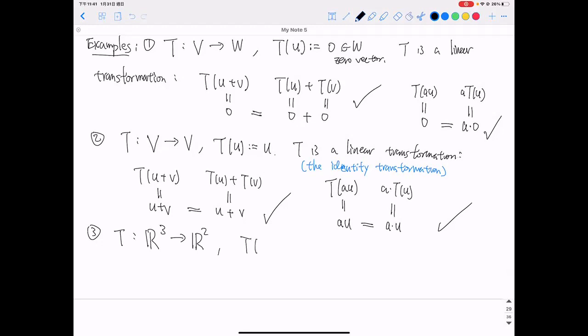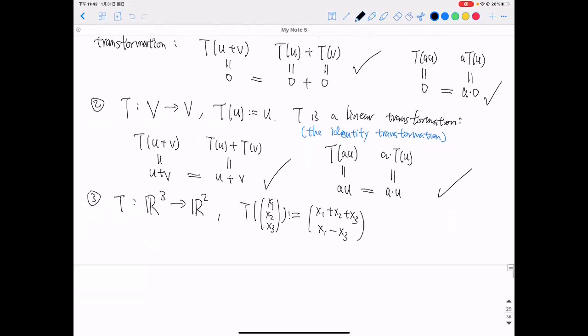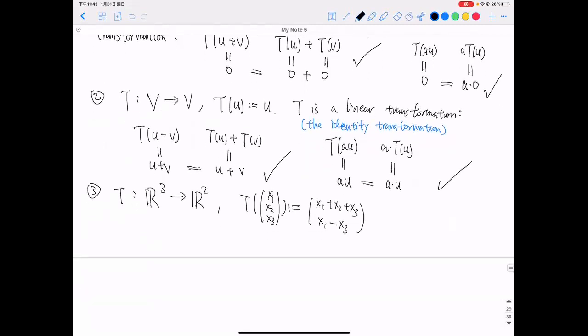T sends a vector x1, x2, x3 to x1 plus x2 plus x3, x1 minus x3. Let's consider this map, this function. And the claim is that this is a linear transformation.